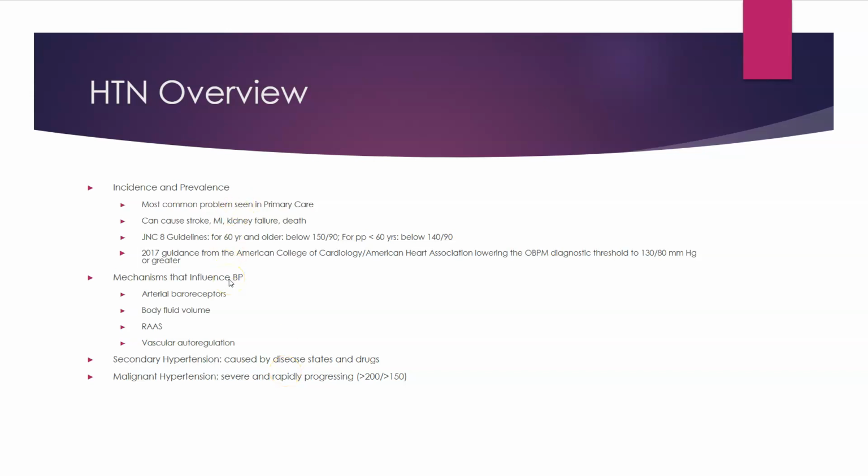And so if you've got secondary hypertension, this is caused by another disease state or other drugs that are causing this. So if I was to give you a medication that causes hypertension, that's secondary. You can get malignant hypertension, and this is, as we said, a very severe form. So if you've got systolic over 200 and diastolic over 150, that's something that needs to be addressed rather quickly.